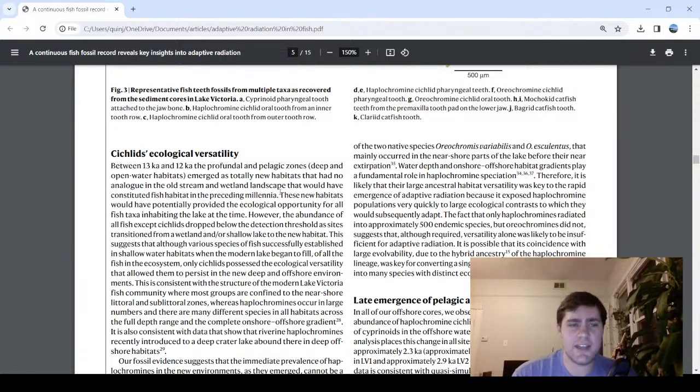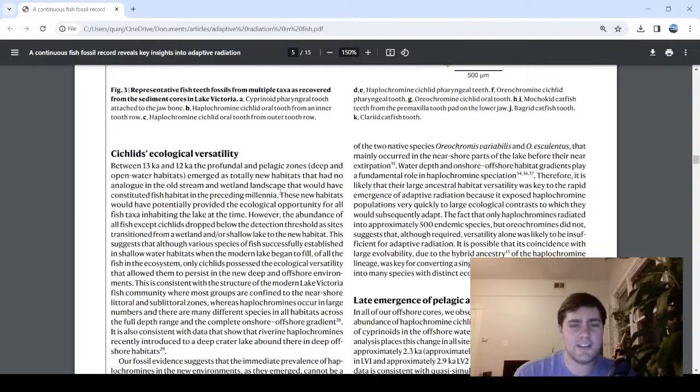These new habitats would have potentially provided ecological opportunity for all fish taxa inhabiting the lake at the time. However, the abundance of all fish except cichlids dropped below the detection thresholds as the site transitioned from a wetland and/or shallow lake into the new habitat.